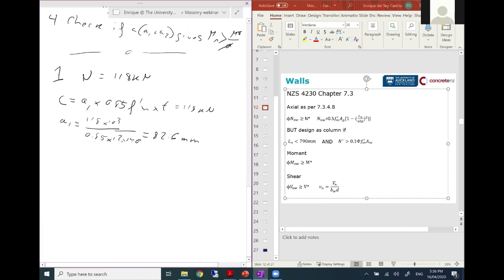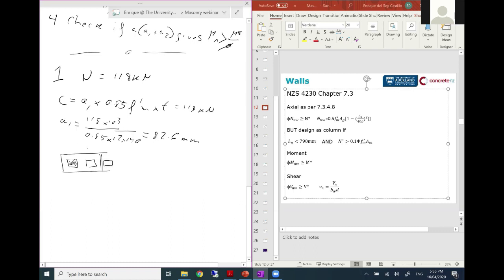Now, again, we have to be careful here because we are doing partially grouted walls. So this hole is filled.